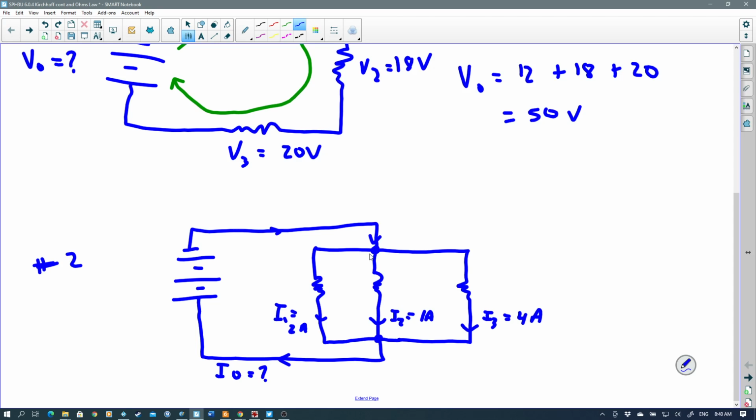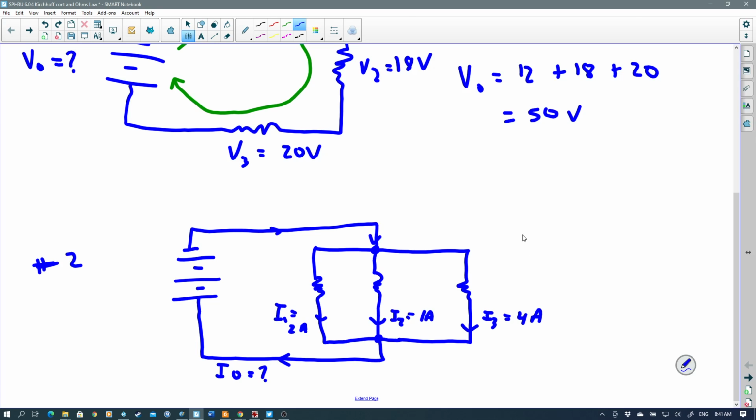So we can see that there's 2 amps in this branch here. There's 1 amp in this branch here, and there's 4 amps in this branch here. Well, those are all going to add together. Amps are just a number of electrons, basically. So we're just going to add up all of those together to find what the total current is.